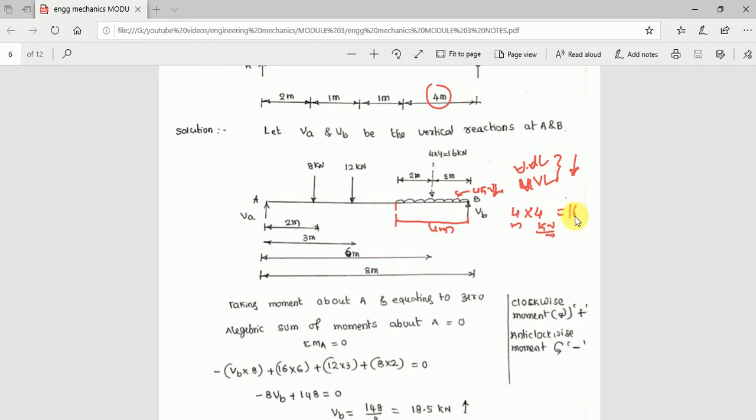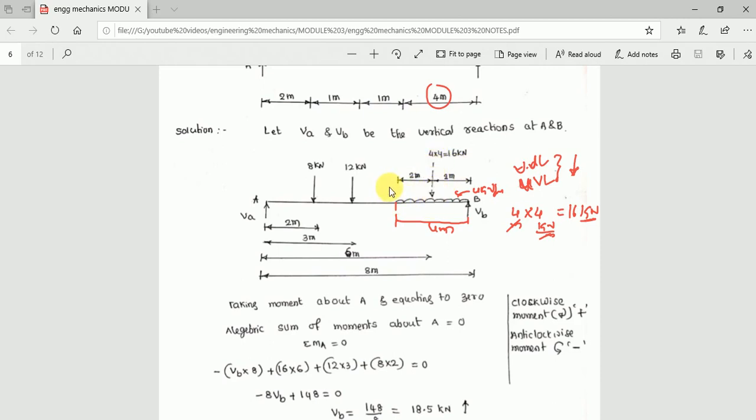Meter and meter get cancelled, so you are left with kilonewton, which is a concentrated load. So the overall value will be 16. See here, I have shown the same thing: 4 into 4 is equal to 16 kilonewton. I have converted this UDL into a concentrated load.